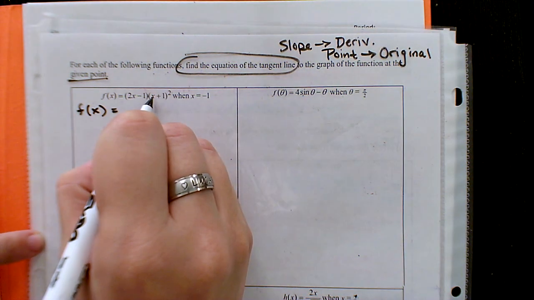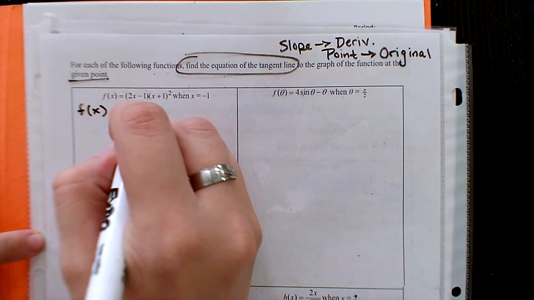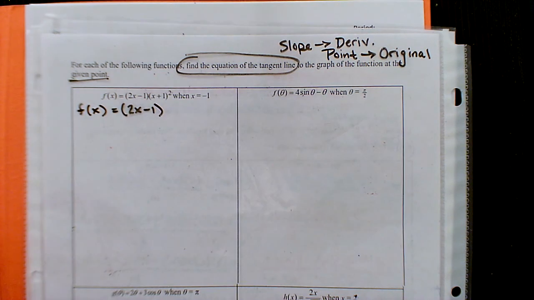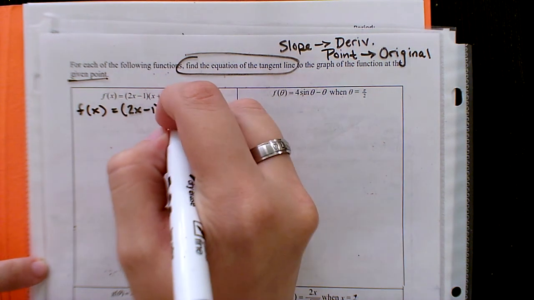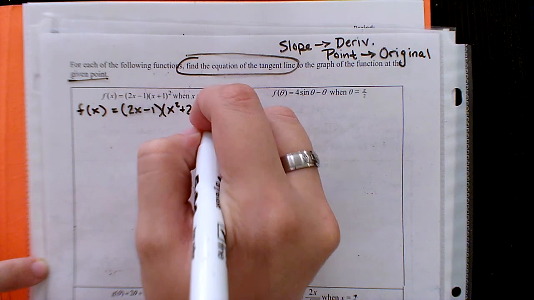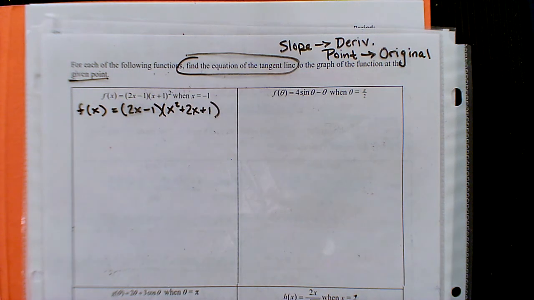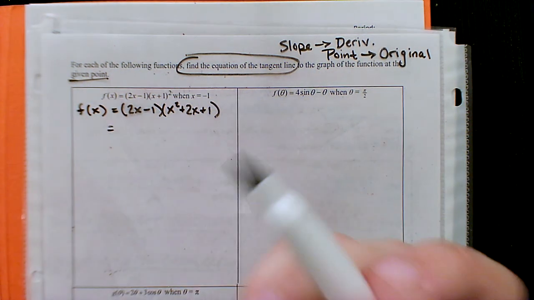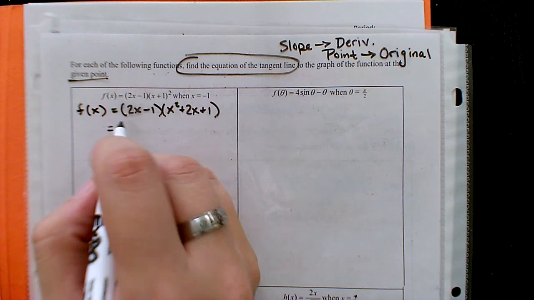So if we were to expand x plus 1 squared, write it twice and go through a FOIL process, we'd have x squared plus 2x plus 1. But then we still have parentheses, so we have to go through another distribution process here. Kind of tedious, but worth it in the end.